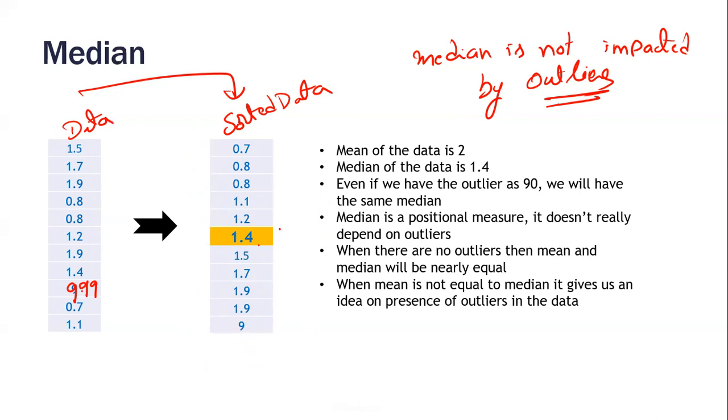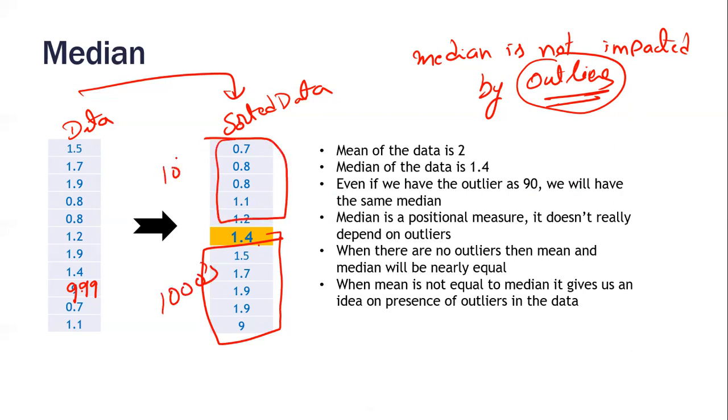Since a large portion is there, usually when we say outliers, people tend to think they are a smaller portion in size and very distinct from the rest of the values. But what you're saying looks like a common pattern. 50% of the data is in a certain range, let's say in thousands. 50% of the data is in a certain range, let's say in tens.